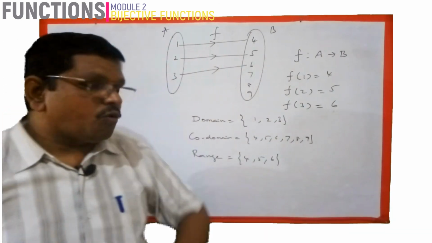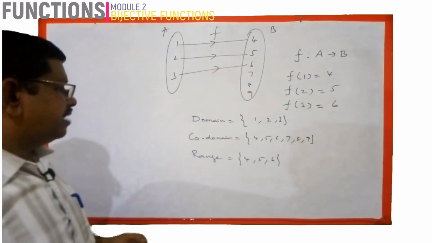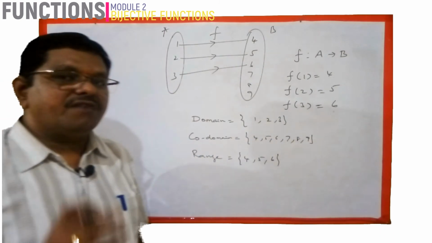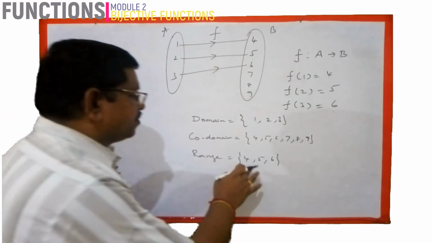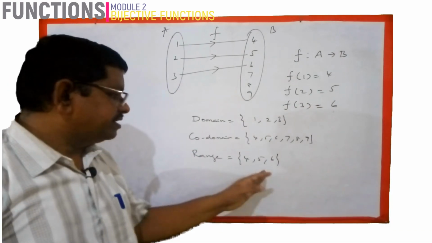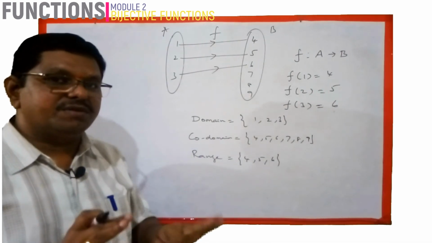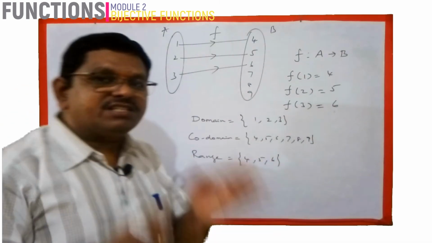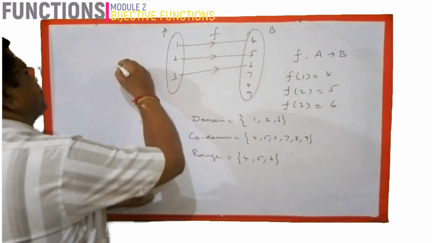Now compare the codomain with the range. The number of elements in the codomain is a total of 6. The number of elements in the range is 3, that means 4, 5, 6, 3 numbers only. So here the codomain and range are not equal. So such a function is called an into function.